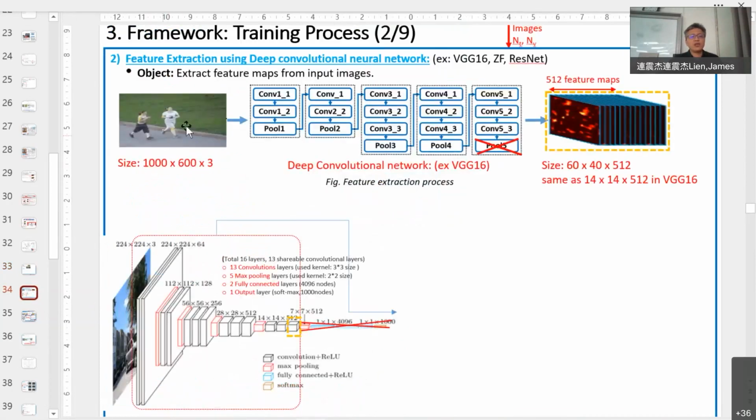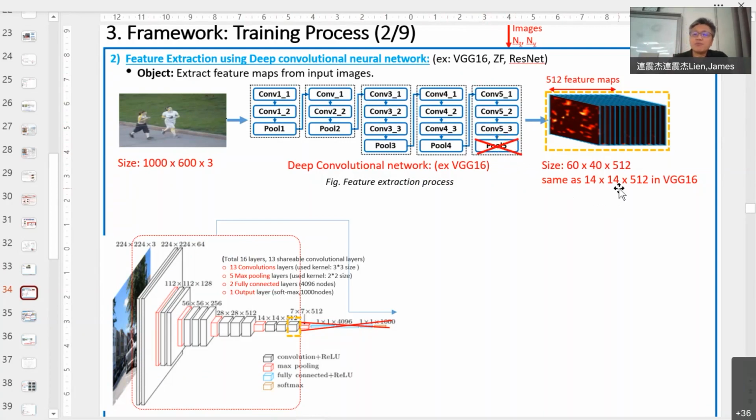After pre-processing, we input to, for example, VGG16. We have the first block, second, third, fourth and fifth blocks. The original VGG16 had 5 blocks and 5 downsamplings. But some people don't do the last downsampling because they feel 7 by 7 is too small.